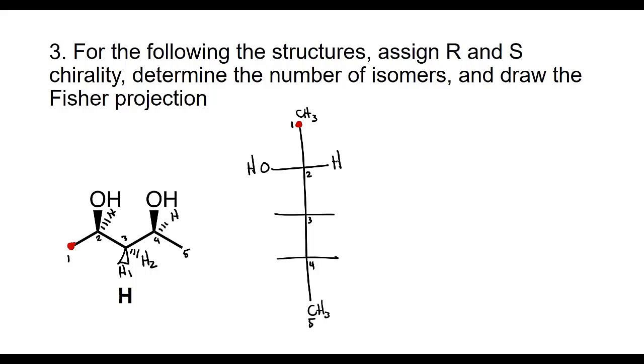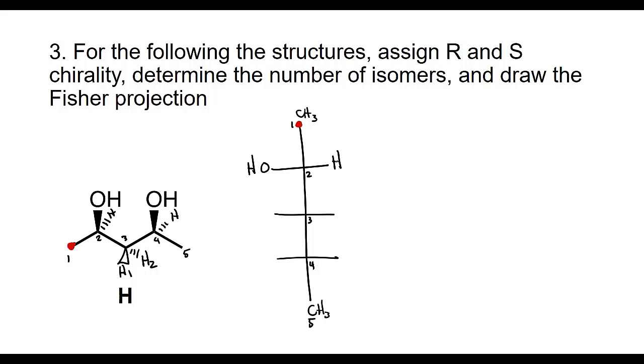Looking at it this way, but I'm looking at it from the bottom. When I look at it like this, hydrogen 1, right or left? Right, because it is facing out of the page. Hydrogen 2 is left, facing into the page.